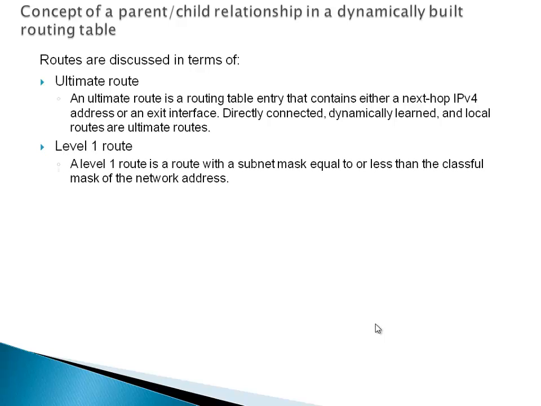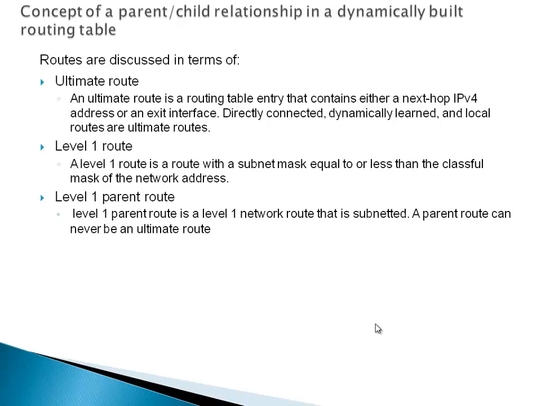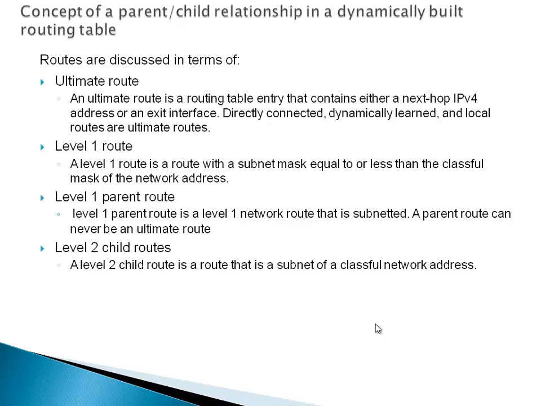A level 1 route is a route with a subnet mask equal to or less than the classful mask of the network address. Level 1 parent route: a level 1 parent route is a level 1 network route that is subnetted. A parent route can never be an ultimate route. And level 2 child routes. A level 2 child route is a route that is a subnet of a classful network address.